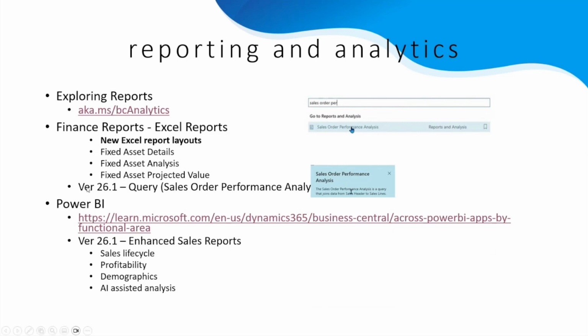But in version 26.1, which should be ready after May 2025, you should also have a new report, which is the sales order performance analysis report that Microsoft will release. I've seen some screenshots and results. There's a video around it as well to see how you can benefit from the sales order performance analysis.